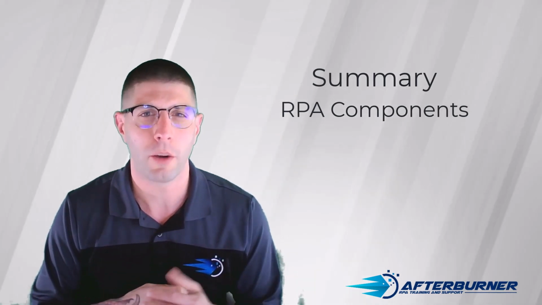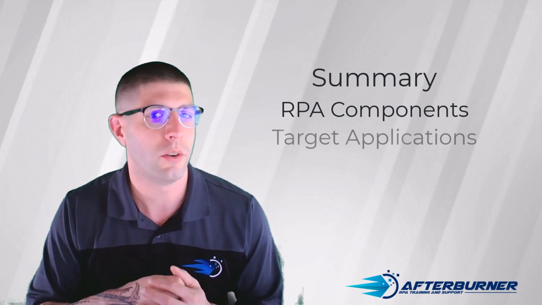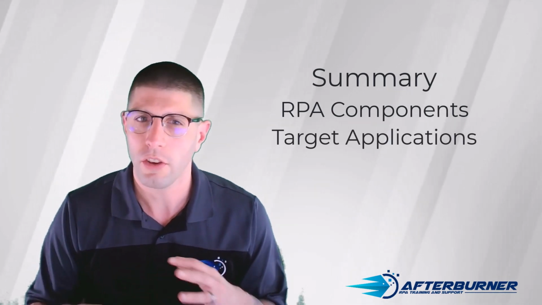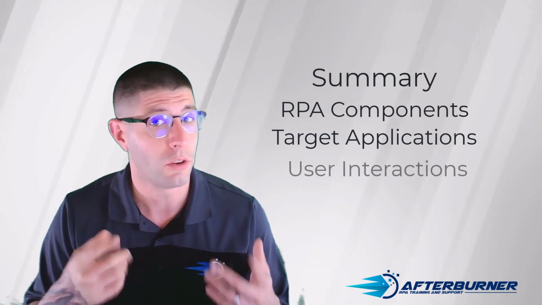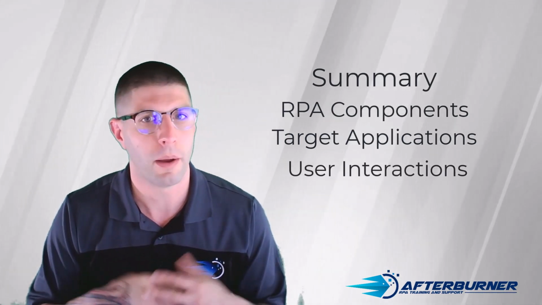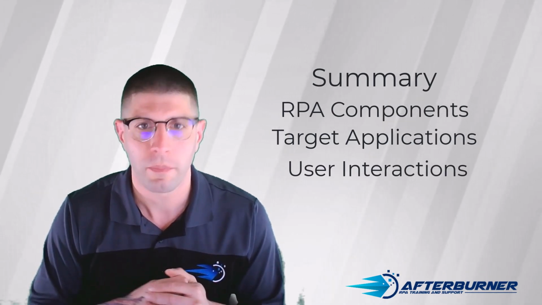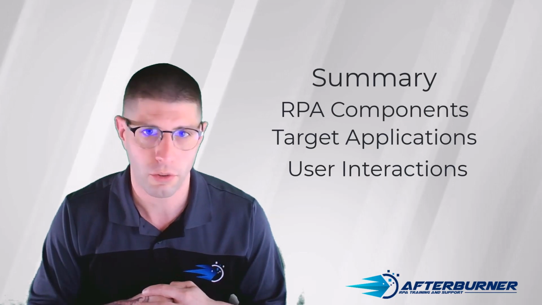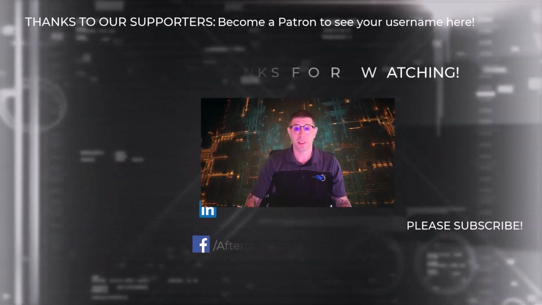You learned about how RPA interacts with the programs on your computer that you want to automate, otherwise known as target applications, and how you can use either the front end or the back end. And finally, you learned how you interact with all of these pieces yourself by creating a process map, by manually using your target applications, building the bot in the workspace, optionally scheduling it in the control room, and then running it on a runner.